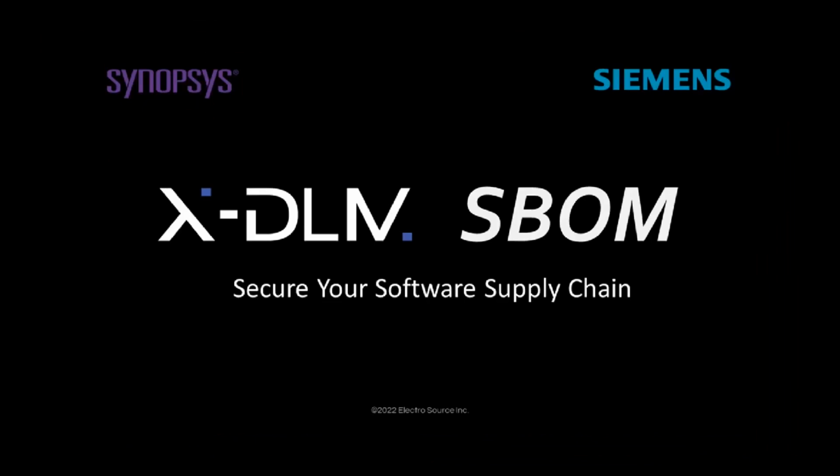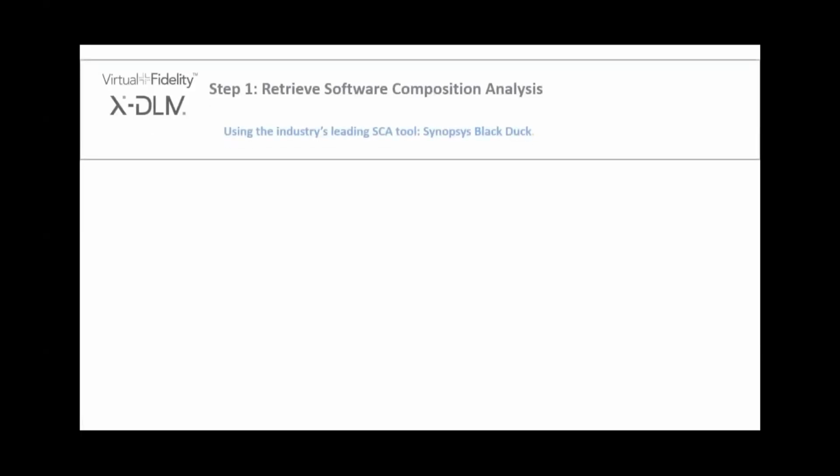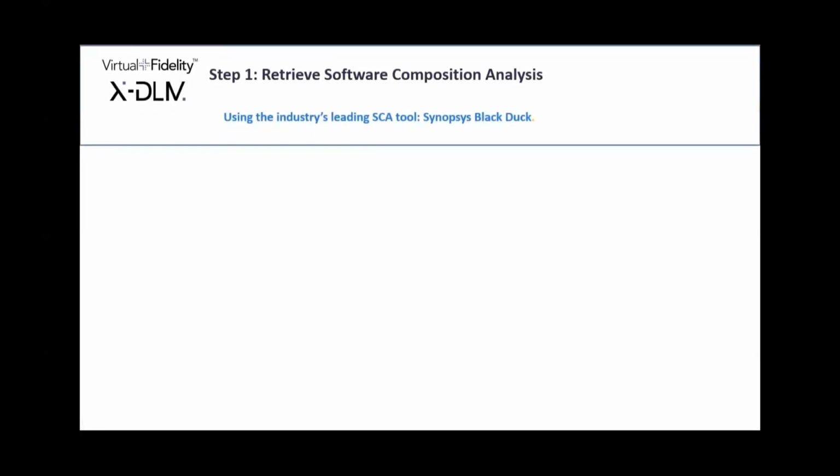Thanks, Steve. Now I'm going to show you how to automate your software bill of materials with Synopsys Black Duck, Siemens Polarion, and our Virtual Fidelity X-DLM solution. First, X-DLM will automatically be executed by the Polarion scheduler and retrieve the software composition analysis created by Synopsys Black Duck.